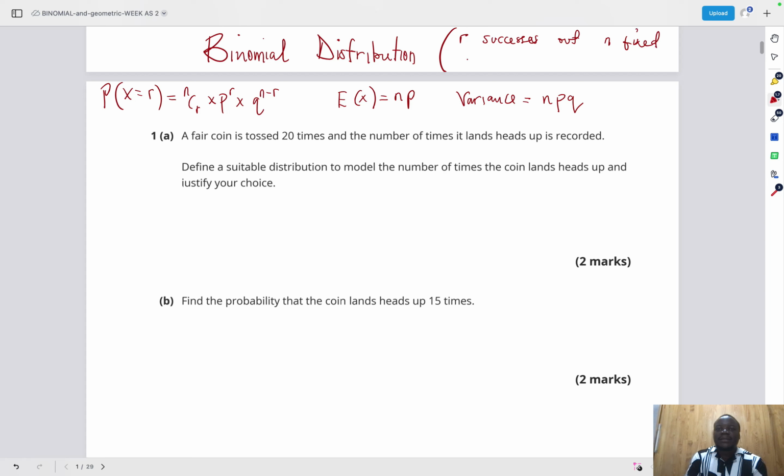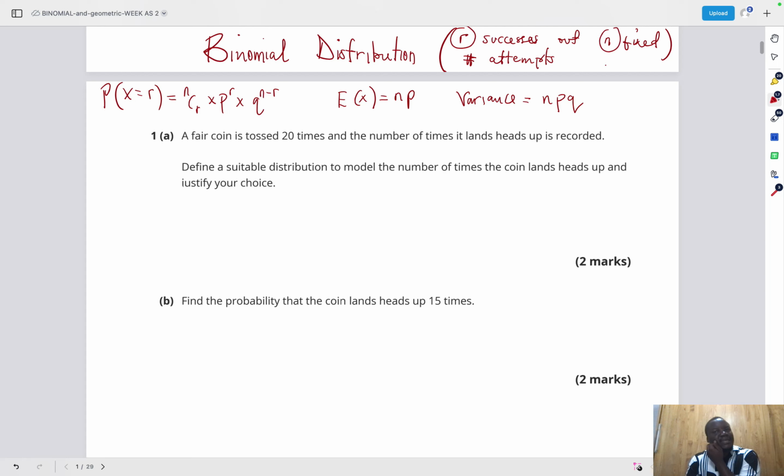So this is basically what binomial distribution gets to do. It measures the probability of being successful R times out of a fixed n number of trials.